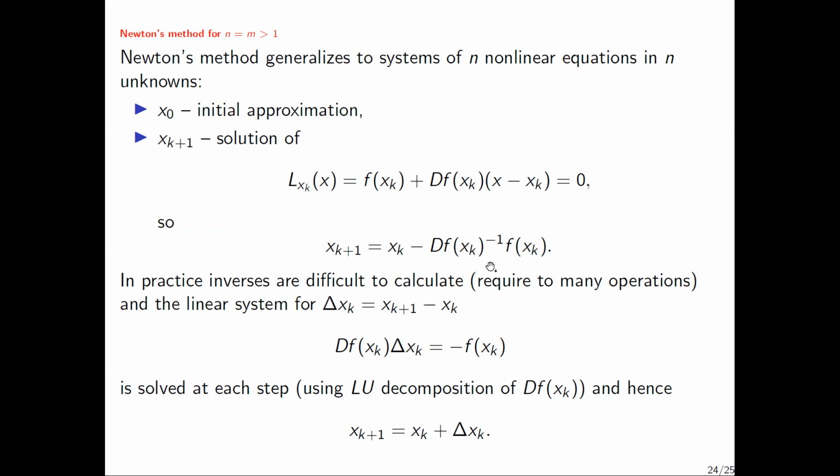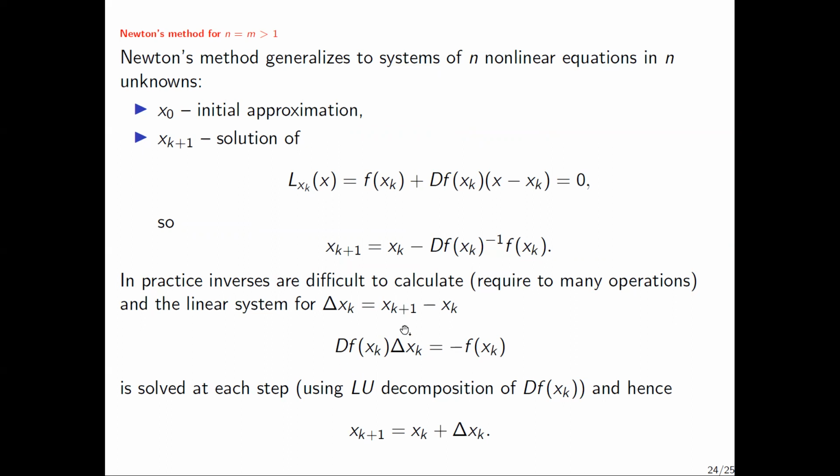And we said that it's usually numerically not stable to calculate the inverse of the Jacobian. It's better to solve a linear system. So we transformed this equation by multiplying with the Jacobian, and get Jacobian times the movement which we have to make equals minus the function value in the point.